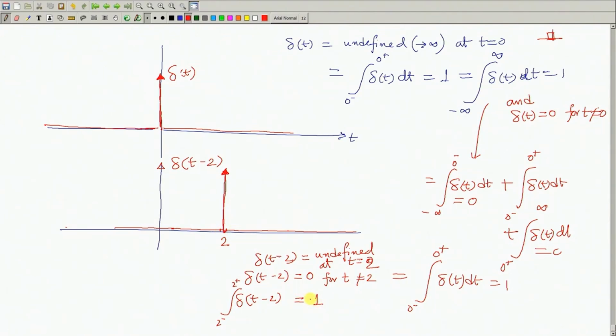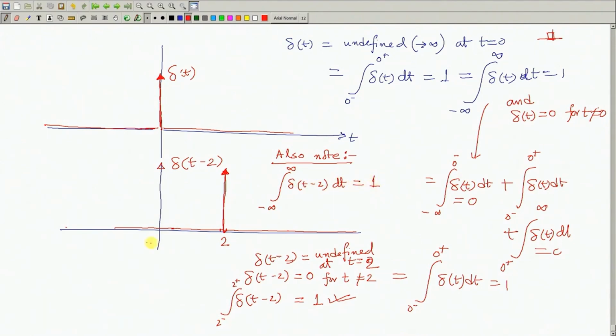That is what it means. The area under this impulse at t equal to 2 will be 1. Therefore, we have been able to sketch the shifted signal, and not only that, also note that the integral from minus infinity to plus infinity of delta(t minus 2) dt will be equal to 1.